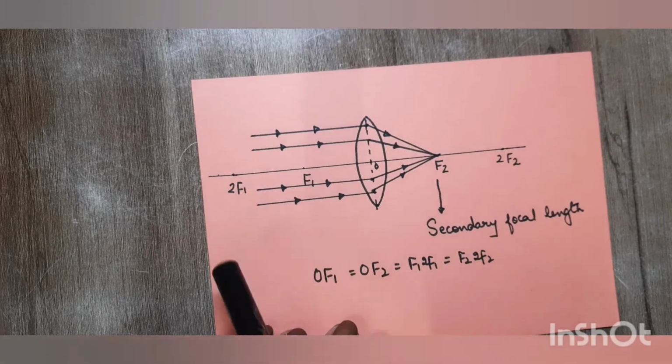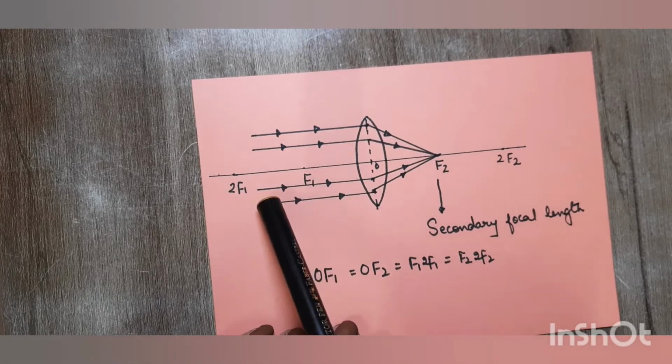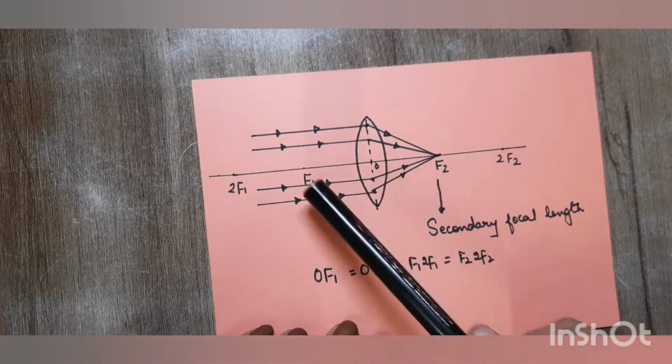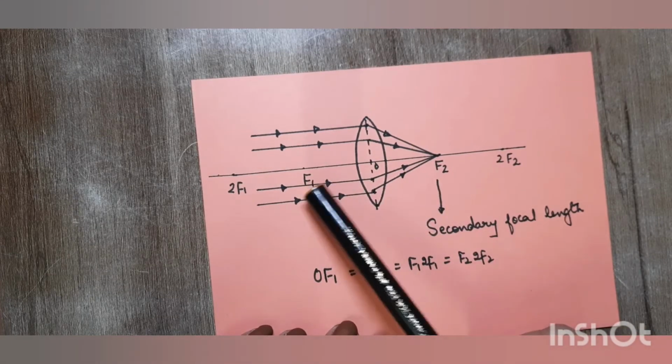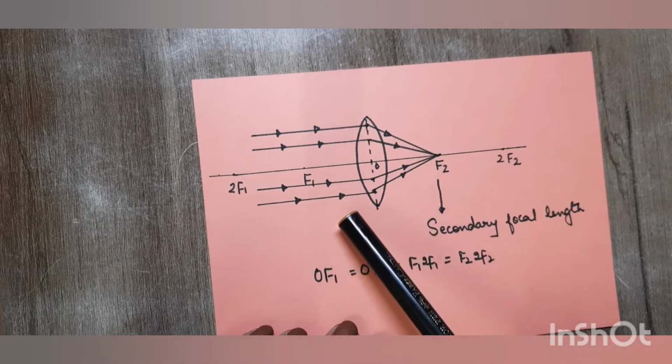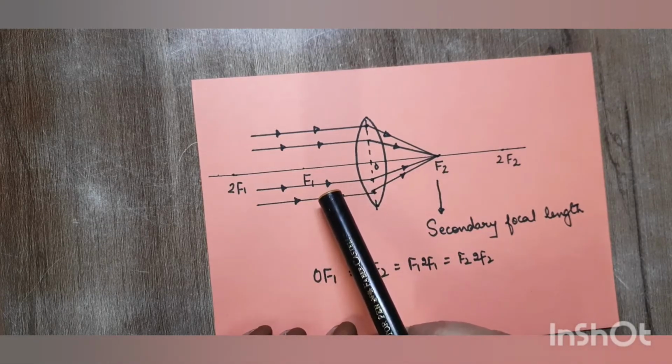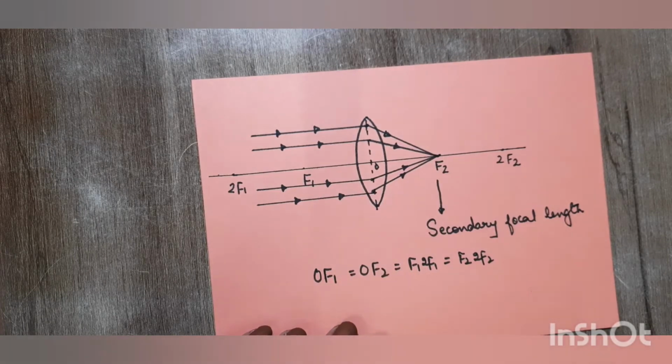Now here you can see I have written focal length on this side as well as on that side. The distance from the optic center to the principal focus is called the focal length, and it is denoted by the small letter f. The problem here is deciding which side is the primary focus and which is the secondary focus.